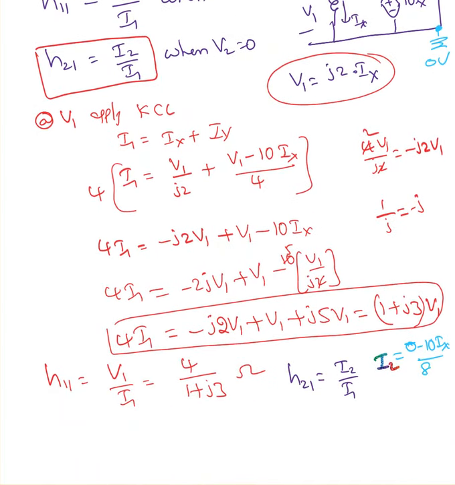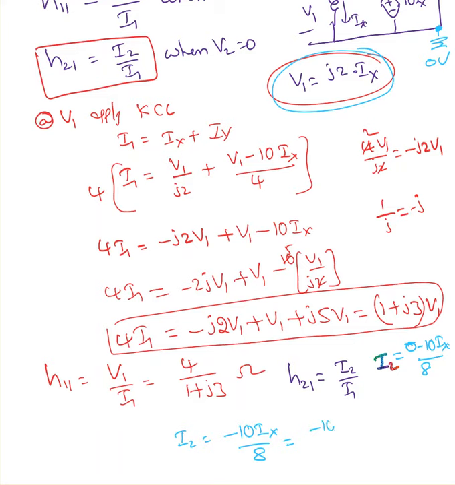So I2 equal to minus 10Ix over 8, but I already have V1 equal to J2 times Ix. So I'm going to replace this Ix with this equation.